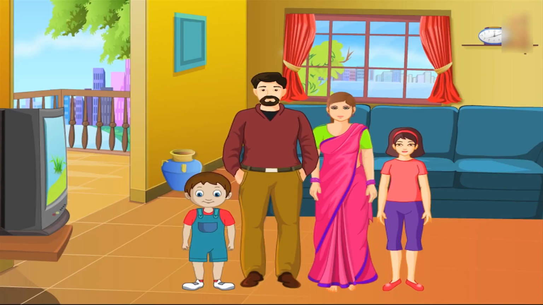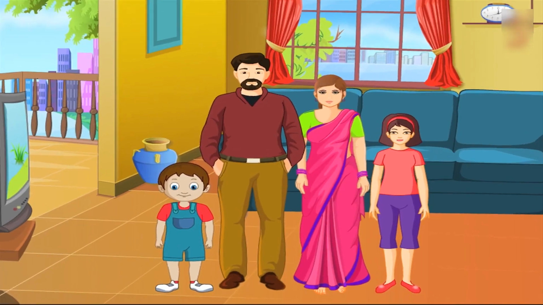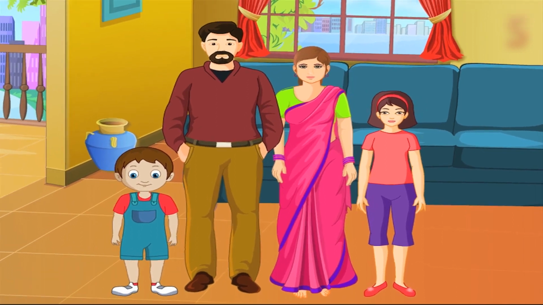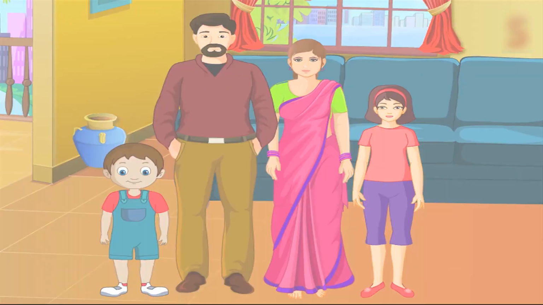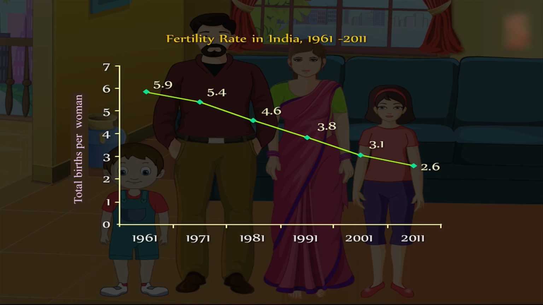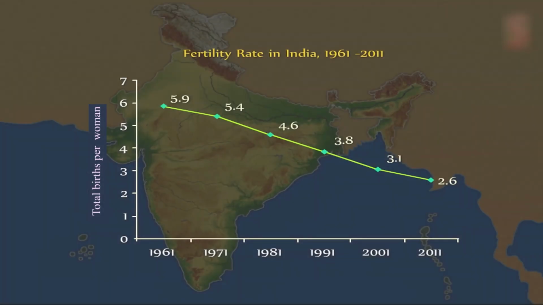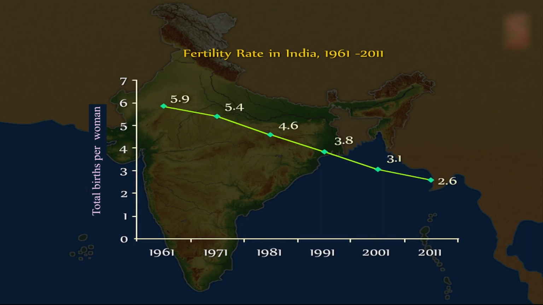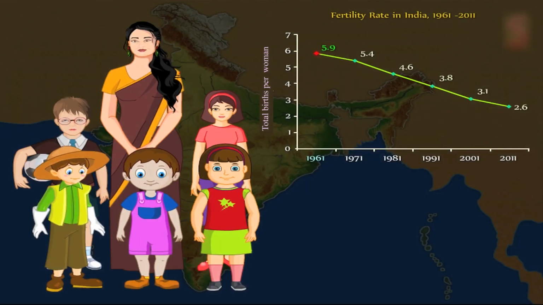A low fertility rate points out that the couples are deciding to have fewer children. This decision may be an outcome of individual as well as family decisions. While the fertility rate of India was more than 5.6 in 1960, it points out that on an average, every woman was likely to have 4 or 5 children.